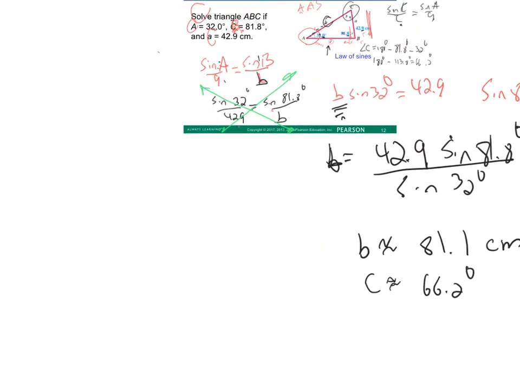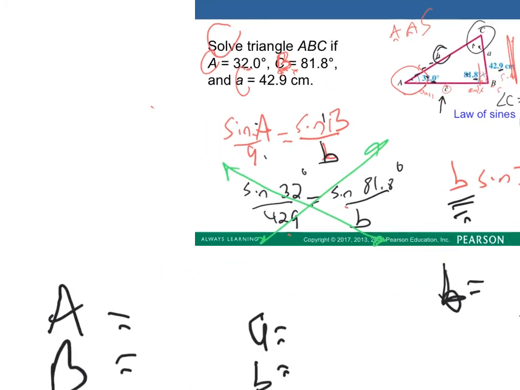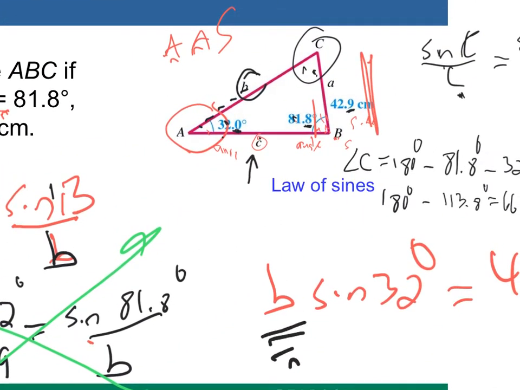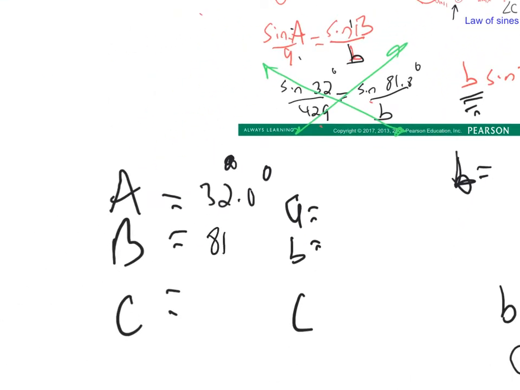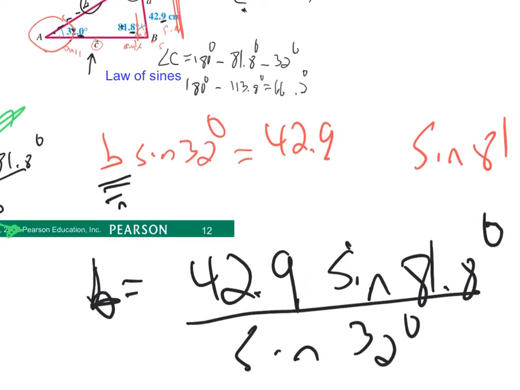So, technically what you would do is you would say, here's angle A, here's angle B, here's angle C, here's A, here's B, here's C. And if you look at, we had 32 was A, and angle B was 81.8. Angle C we just did, 66.2.